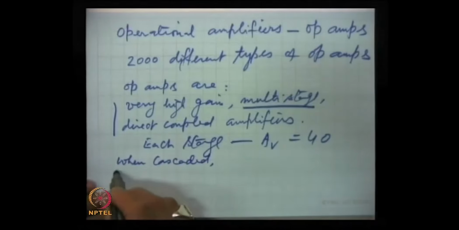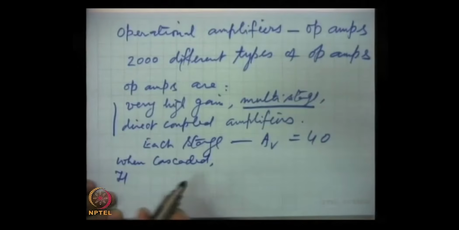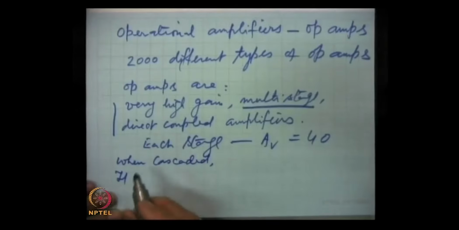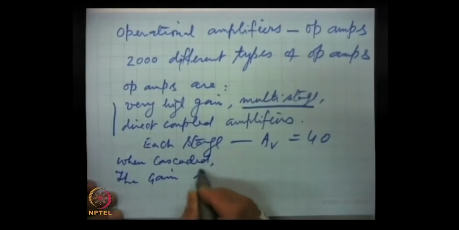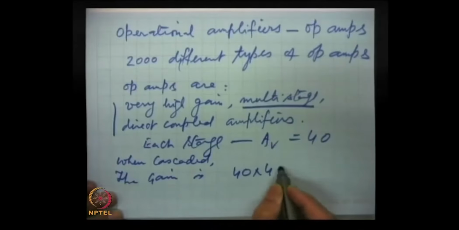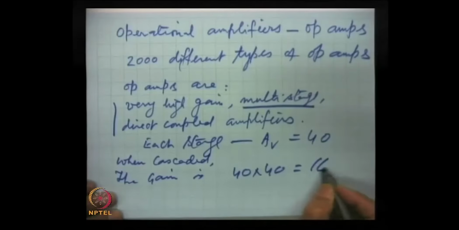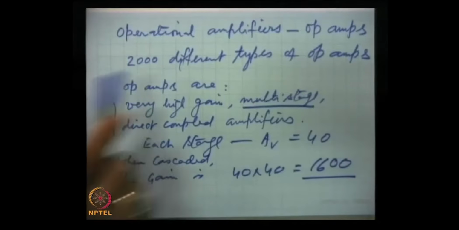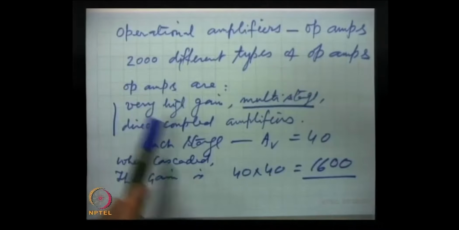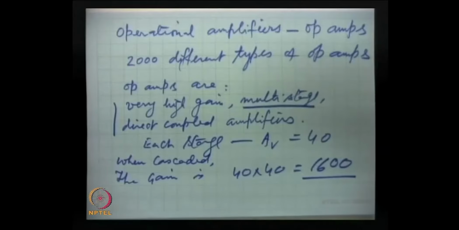The combined gain is the product of the two gains. So, the gain is 40 into 40, that means 1600. So, this is a very high gain, multi-stage, direct coupled amplifier.